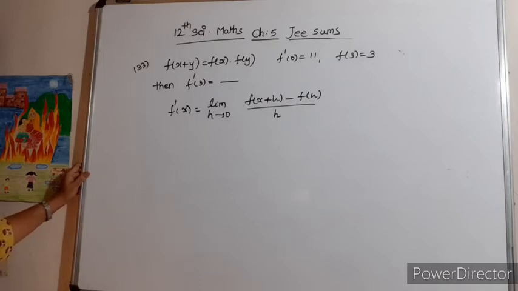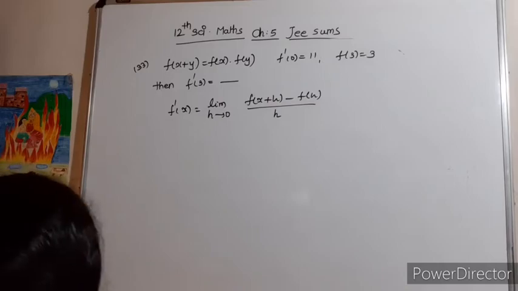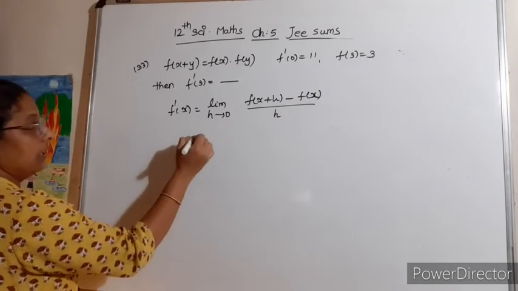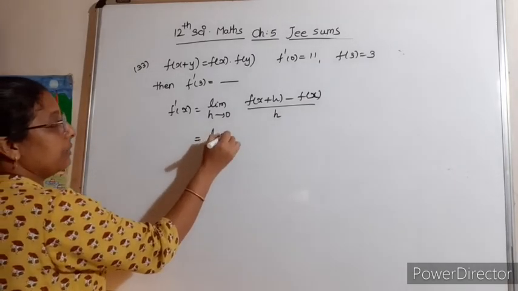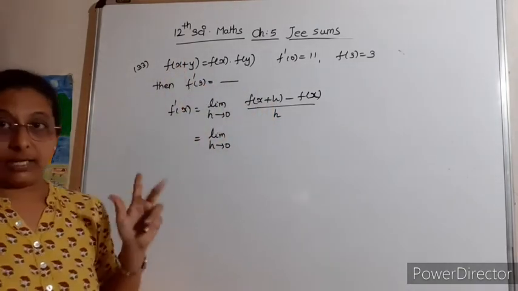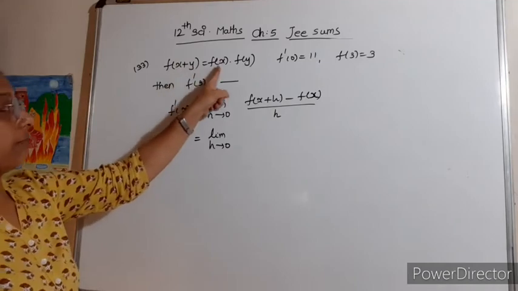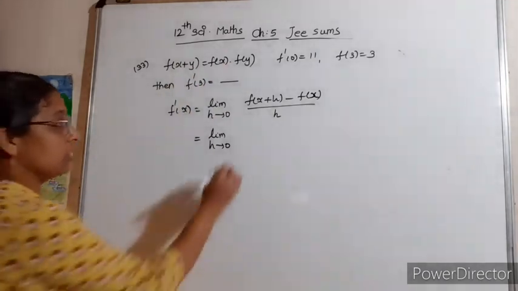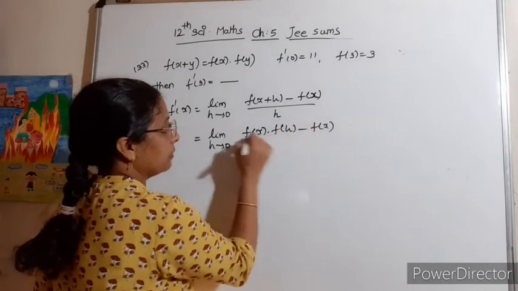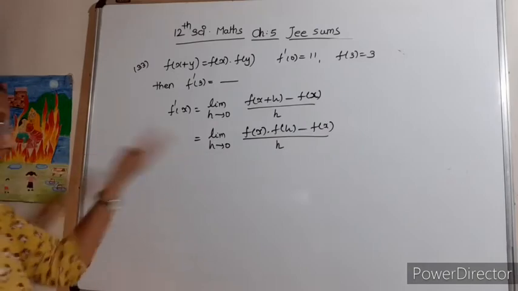Okay. Now it is minus f of x. Okay. Now is equal to limit h tends to 0. y की जगह पे h है, ऐसा एक सम हम आगे कर चुके हैं. So x plus h है तो fx into fh होगा, right? So we'll write fx into fh minus f of x upon h. You understand? Take fx common.